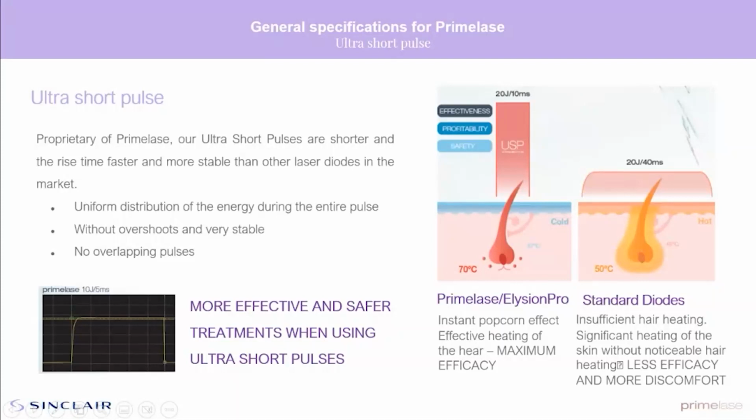Other standard diodes on the market have no possibility of emitting these really short pulses. They emit long pulses, so there's no possibility of reaching such a high temperature, and there's also the inconvenience of heating up the surrounding tissue and producing some side effects.